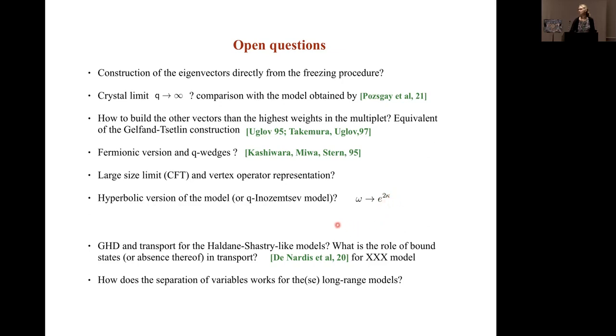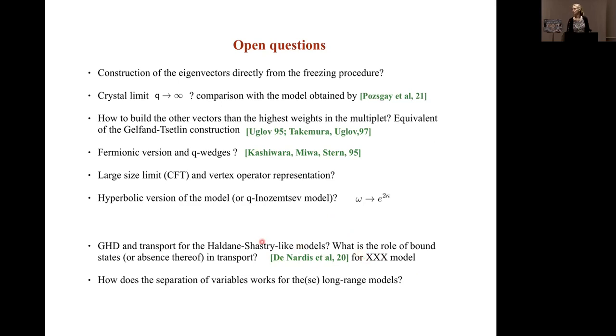And then there are some aspects which are interesting in the framework of generalized hydrodynamics and transport. There were some very interesting results by several groups, including the group of De Nardis, concerning the XXZ model, some KPZ scaling in the transport.